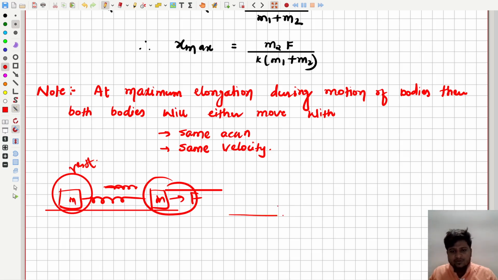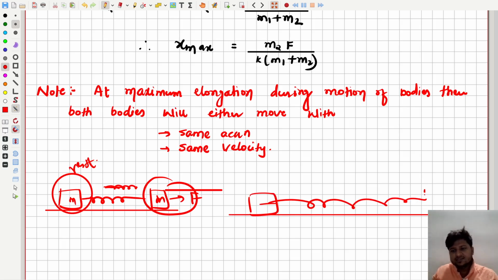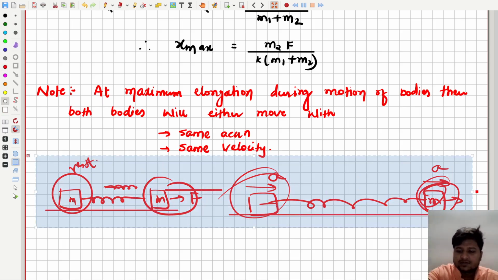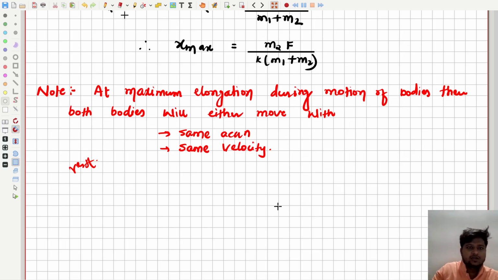When the spring is fully stretched, furthermore expansion is not possible, then it will start to create an acceleration, and whatever acceleration this is having, the same acceleration this will also have. So this is why I have written, when maximum elongation is happening, you have to always remember it happens at a point where both have the same acceleration. Is this clear or not clear, my dear students? Reply me yes or no.